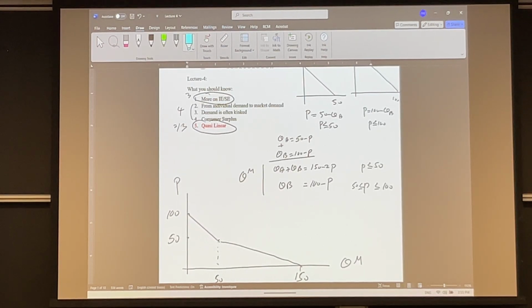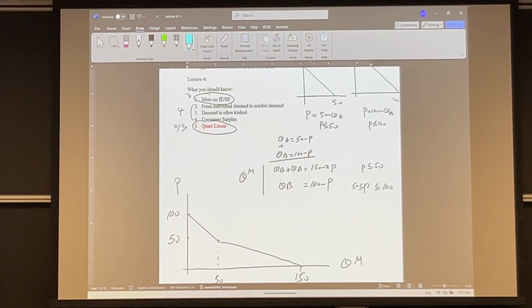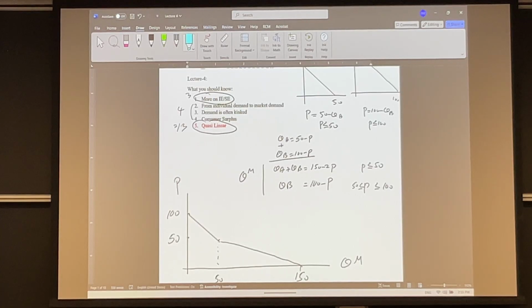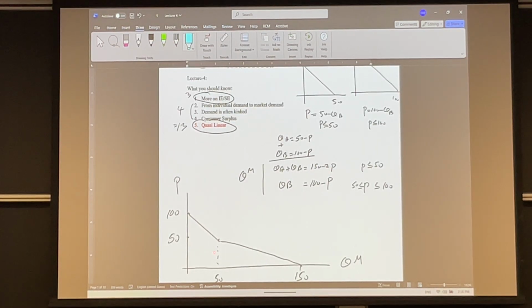When the price drops, the demand becomes flatter. This is flatter than this one. See, the actual demand is steeper with more joining, but you're graphing the inverse demand, so the inverse demand becomes flatter.